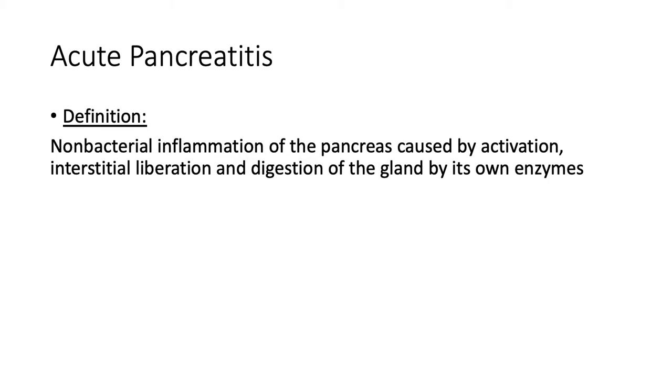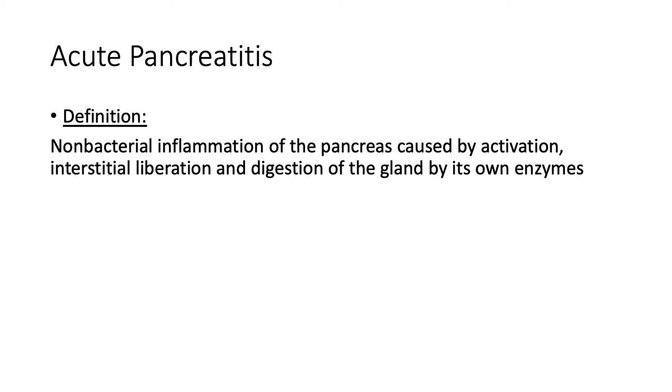So if something from the intestinal lumen goes into the pancreas and activates the trypsin, and trypsin usually digests proteins, here we will have the auto-digestion of the pancreatic tissue. And we will see why this is happening.